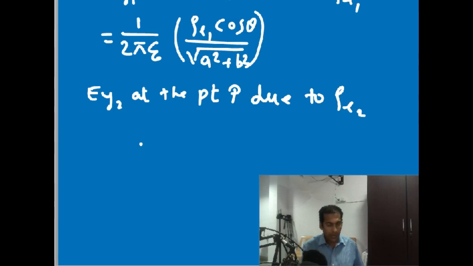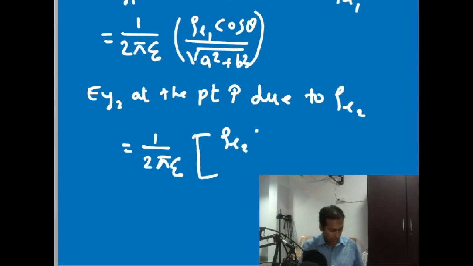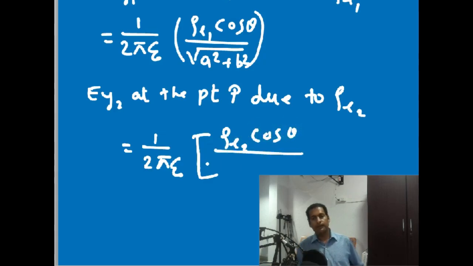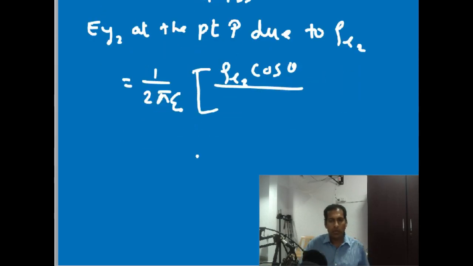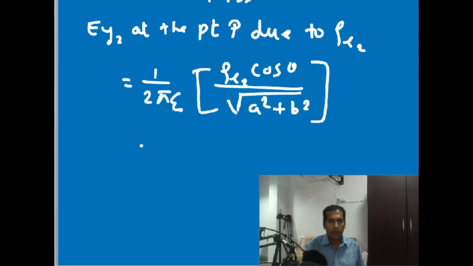So that thing will get as 1 upon 2 pi epsilon naught rho L2 cos of theta divided by square root of a square plus b square.